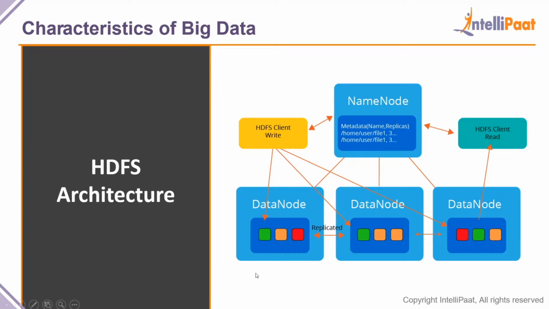Say you have a 1 terabyte file. It is almost a certainty that these data nodes will not have that much free space, any single one of them. So what will you do? You will divide this file into parts.